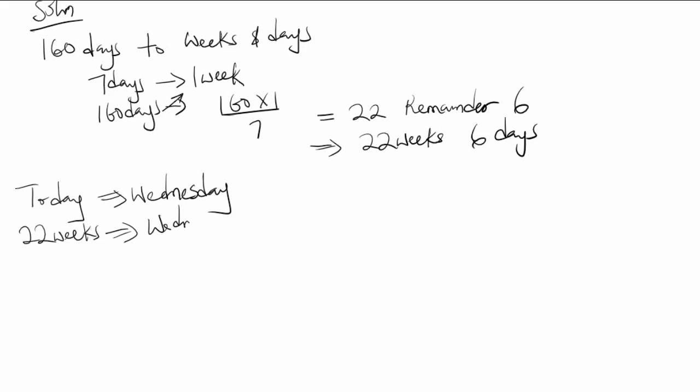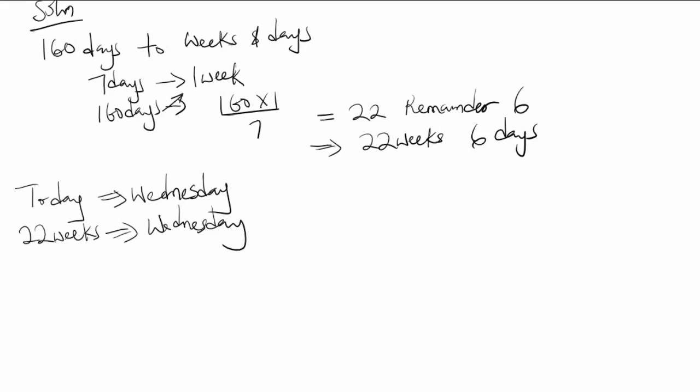Simple logic. 7 days, 1 week from today will also be Wednesday. 2 weeks from today will be Wednesday. 3 weeks from today will be Wednesday. Similarly, 22 weeks from today will be Wednesday.